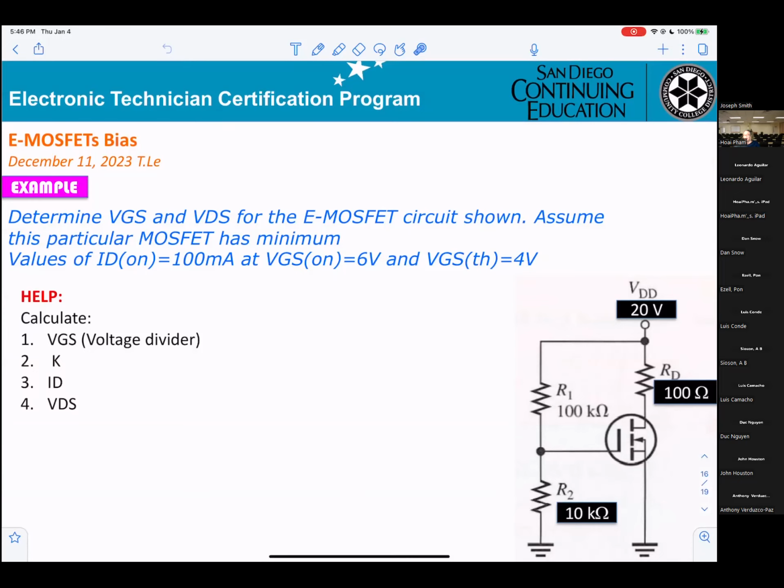Okay, this one I guarantee you're able to do the calculation. First thing, VGS, they say voltage divider. You get that? Then you have to calculate K. And then after you get K, you can calculate the ID. Then you calculate the VDS equals VD minus VS.